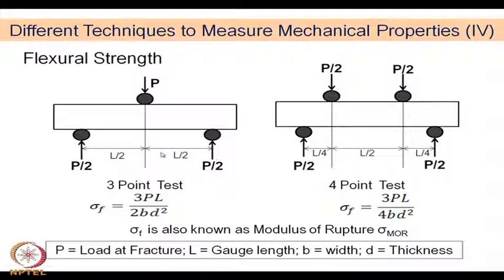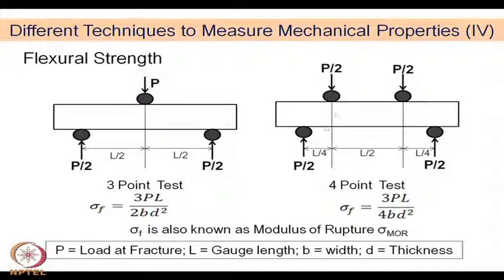We are not going into the details of that. Any particular gauge length can be used and you can always get a value, but if you want to standardize this process, there are standard gauge lengths and standard parameters: the distance between the two supports, then the width as well as the height. All these standard specimens have to be used.